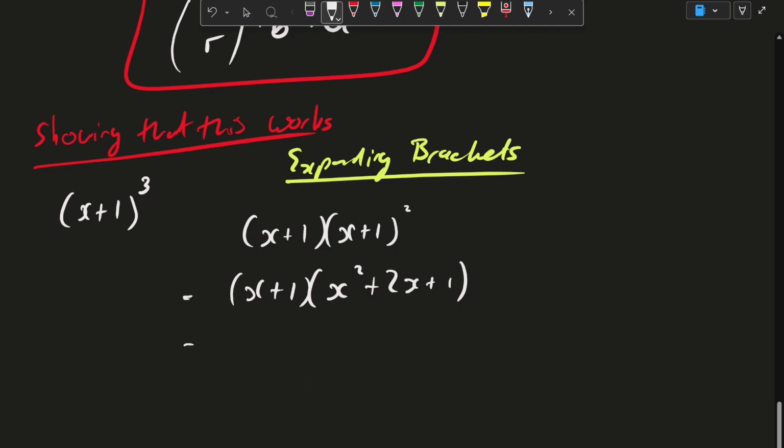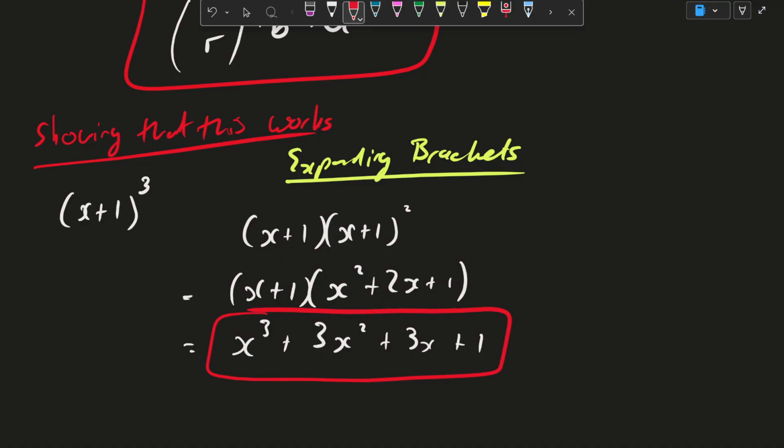And then expanding this out, we get x cubed plus 3x squared plus 3x plus 1. That's using method 1. So I'll call this method 1.